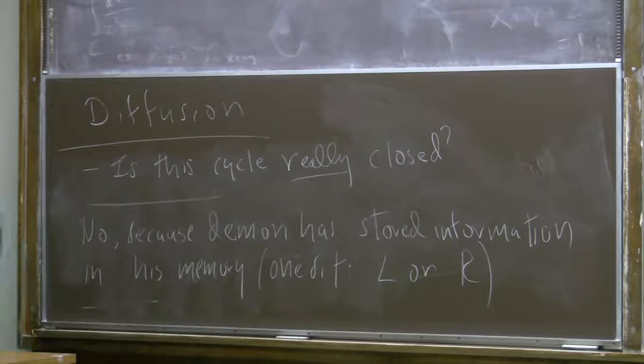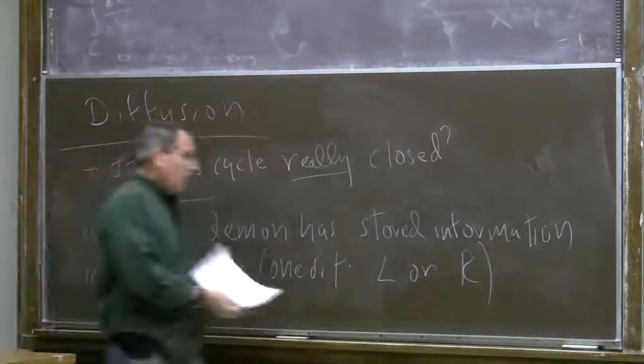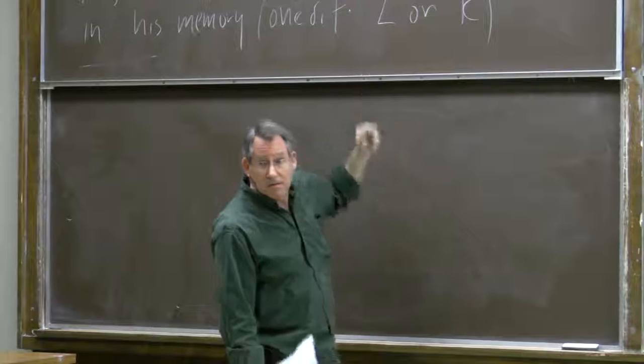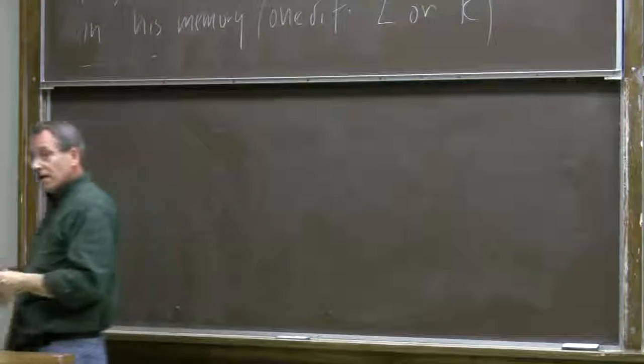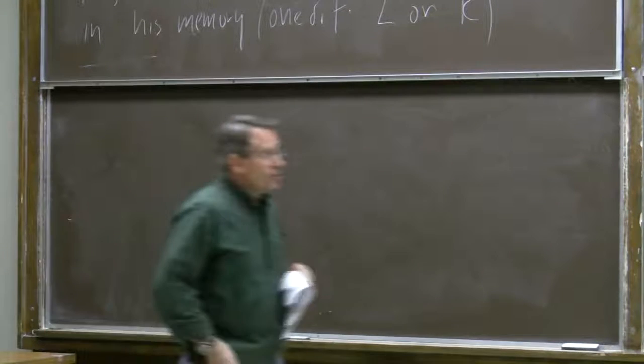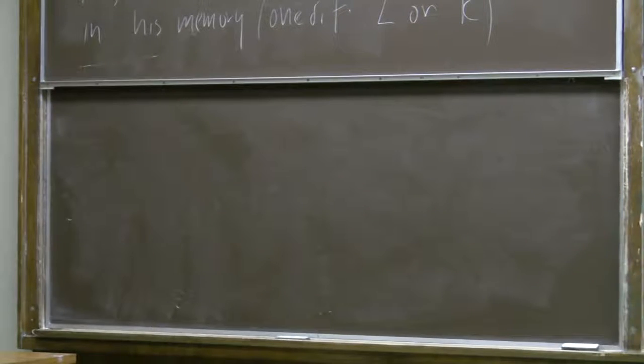Okay. So really, the system that we're considering is not just the gas, the one molecule in the box. It is the one molecule in the box and the demon's memory. We brought the gas back to its original state, but not the memory.